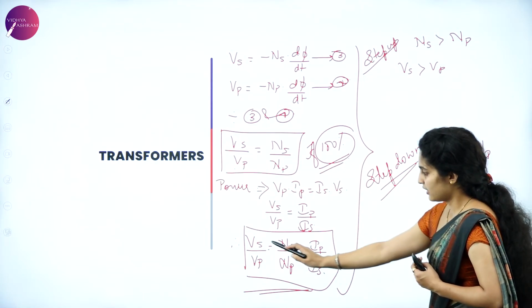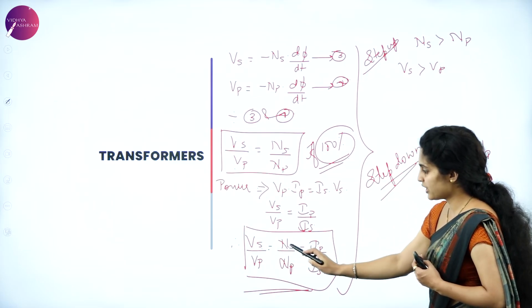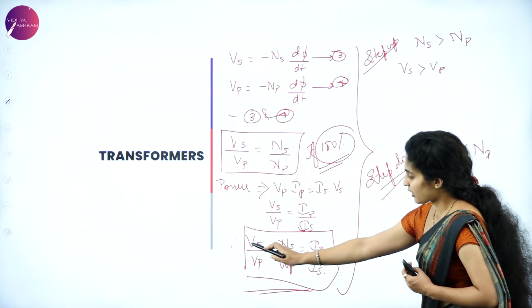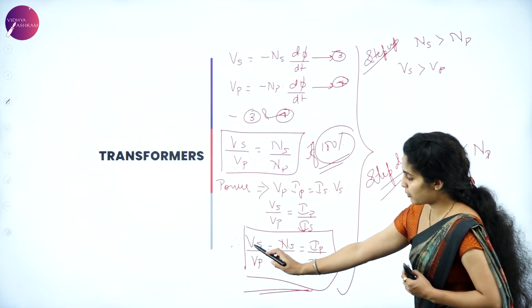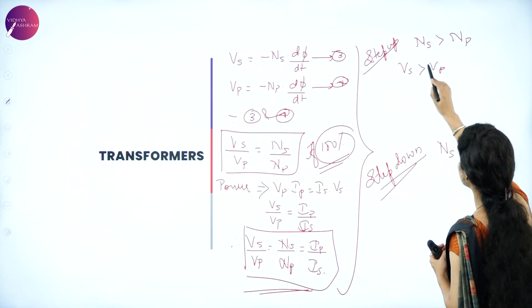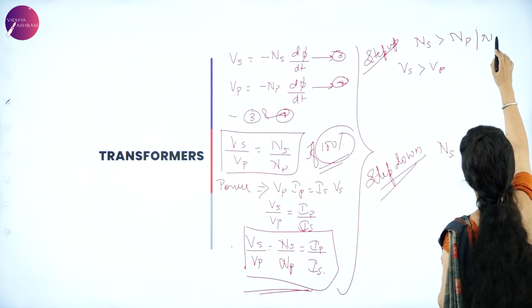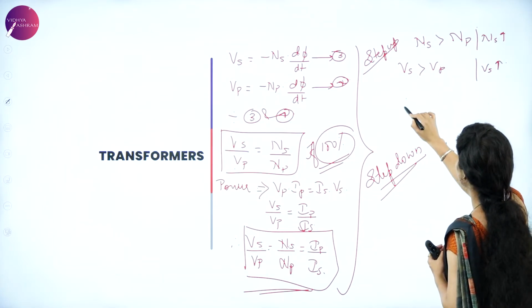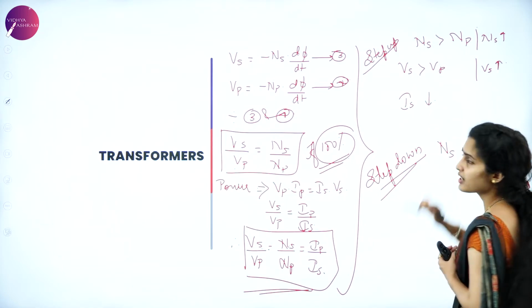Current is inversely proportional to the number of turns as well as the voltage. When Ns is increased, Vs is also increased, which means the current Is decreases.